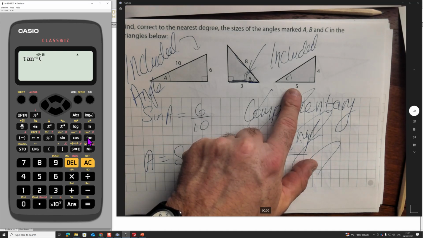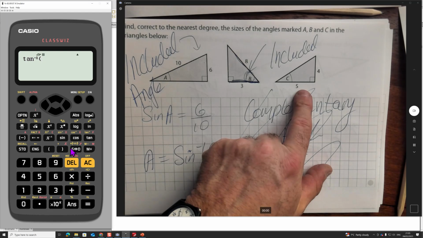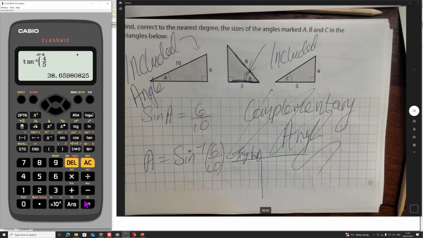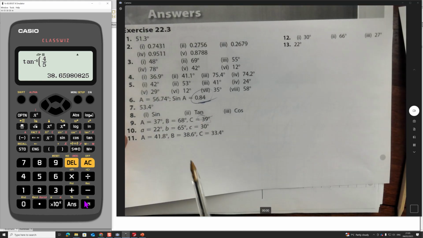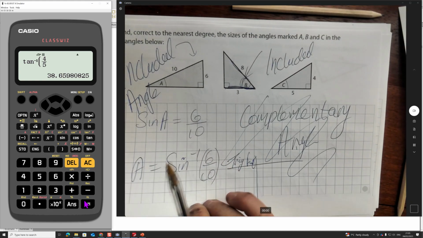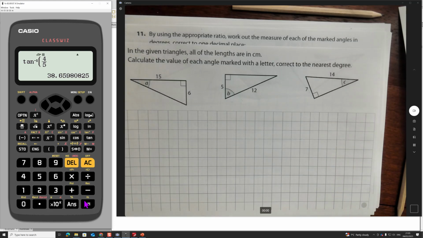Shift tan 4/5, 38 degrees. That was question 9. 59 degrees rounded. Okay, and on we go.